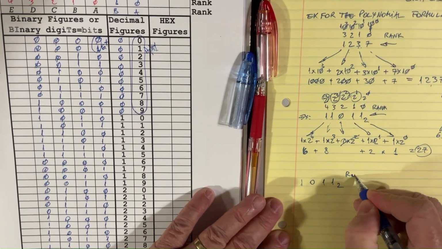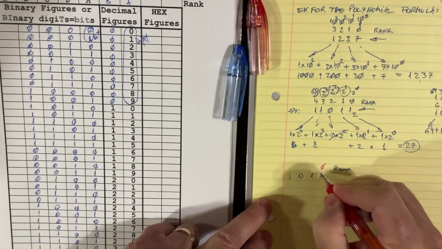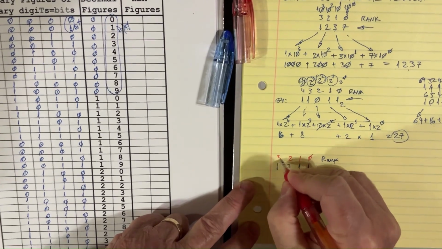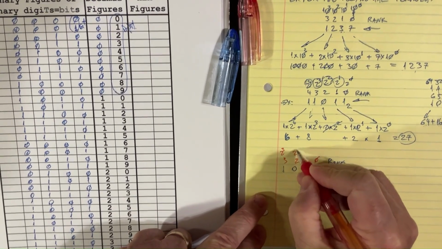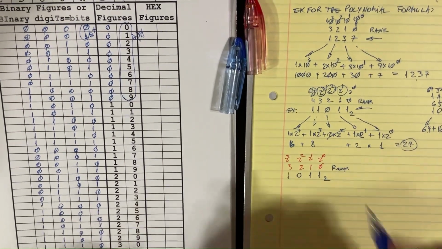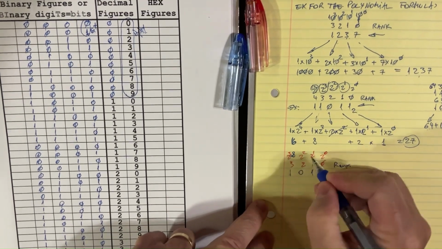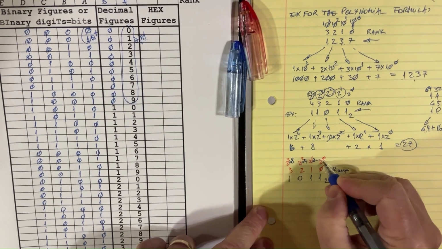Remember, I put the rank. The rank is, let's put it like that, 0, 1, 2, and 3. This is representing 2 of the third, 2 of the second, 2 of the first, and 2 of the 0 power, okay? Well, what is 2 of the third? It's 8. 2 of the second is 4. This is 2, and this is 1.